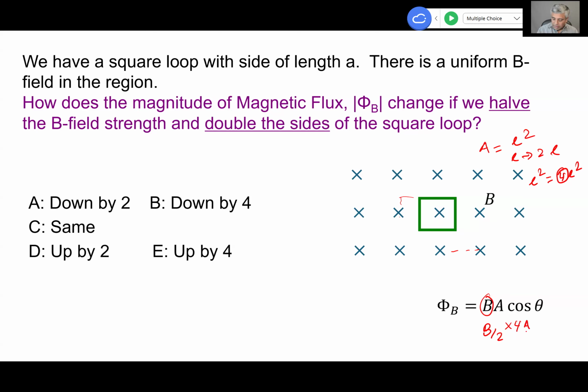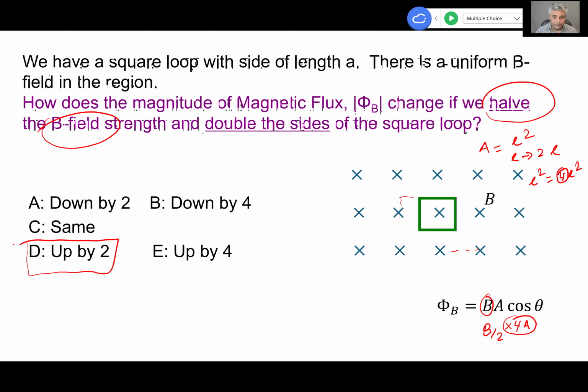So it increases 4 times because of the doubling of the area, but since we are making this field strength half, there is this factor half over there. So half times 4 is 2. That means it looks like it's up by 2.